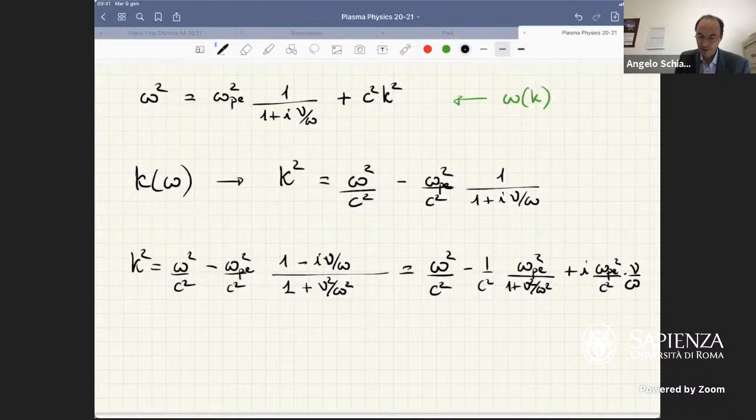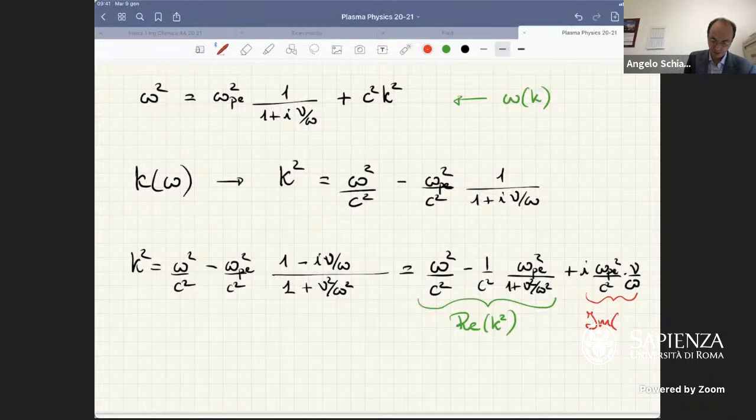Okay, so the first part, let's collect the two terms, is the real part of k squared, and the second term is the imaginary part of k squared.